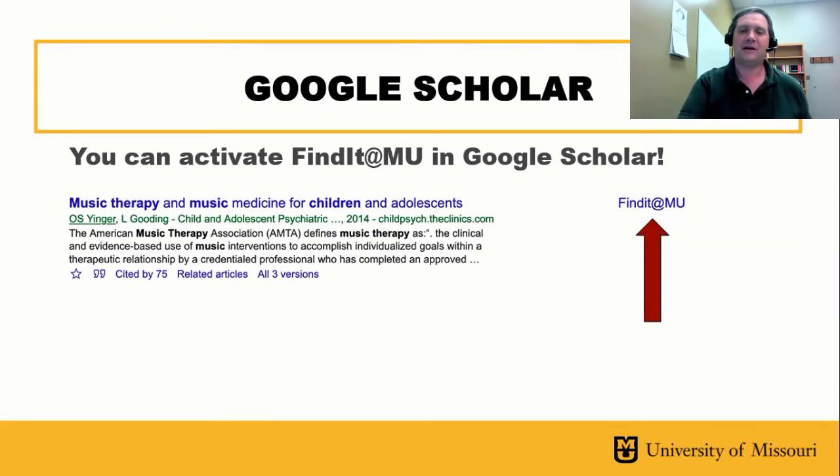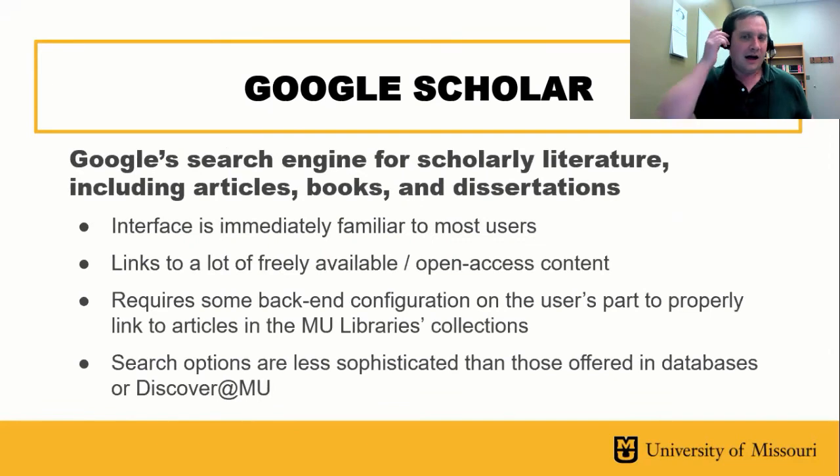through Google Scholar. Jumping back for just a second, I do want to note that Google Scholar search options are less sophisticated than those that you tend to find in databases or in Discover at MU.